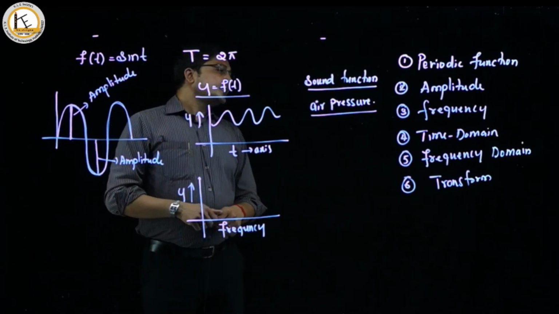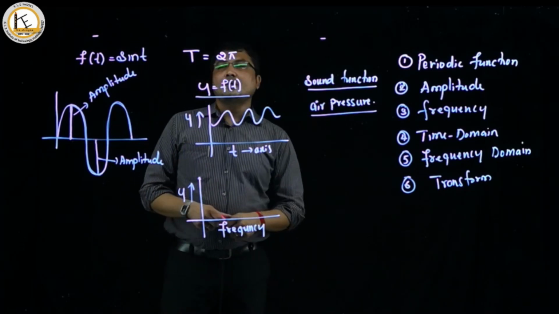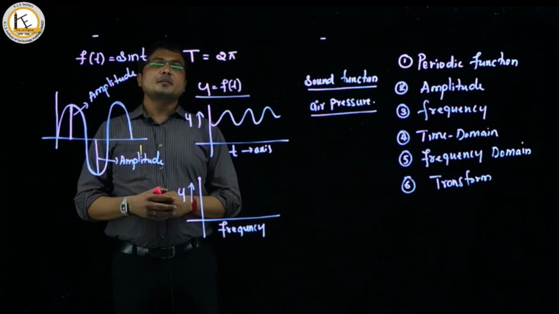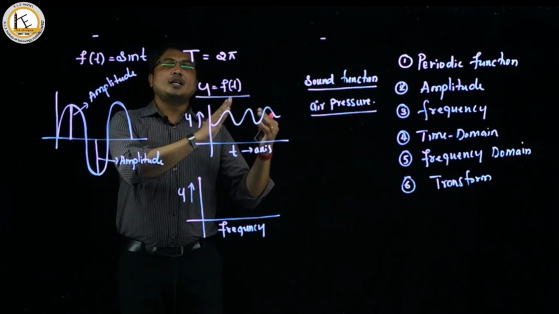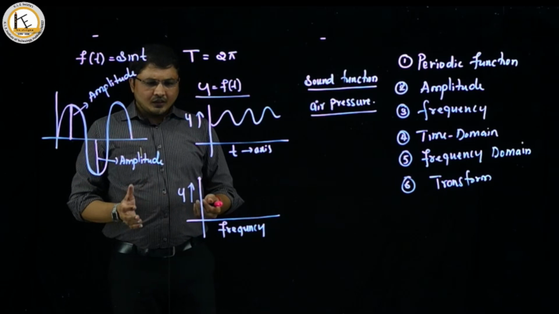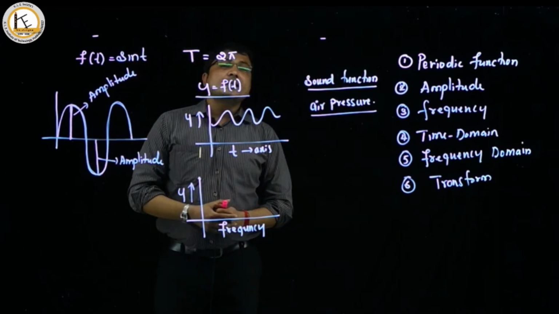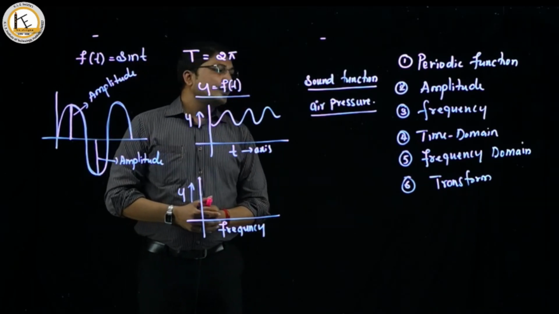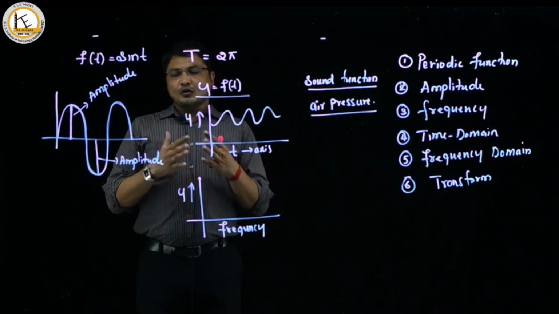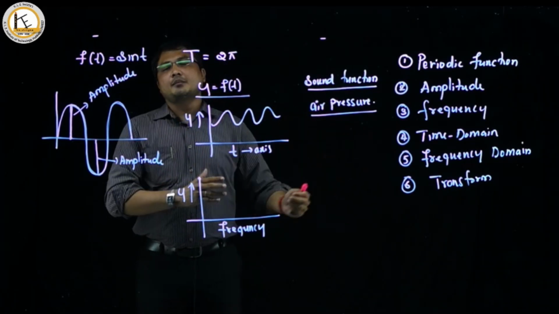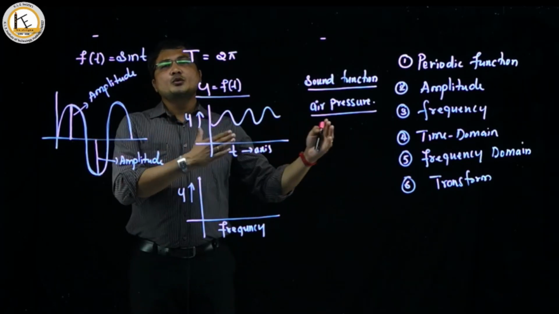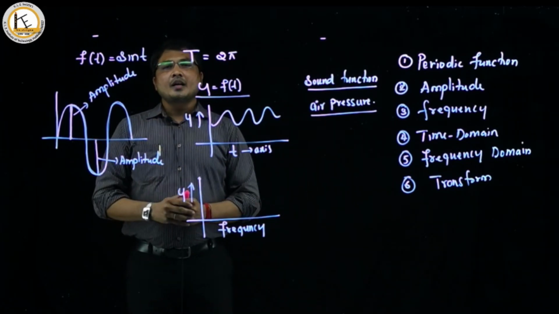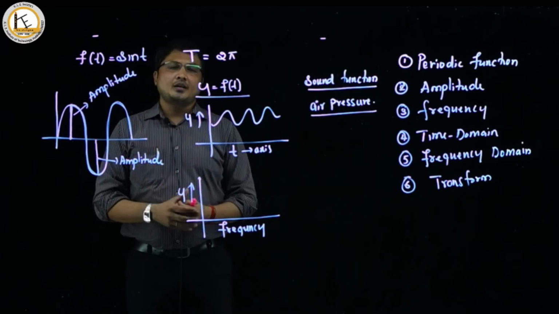And the next one is transform. Obviously we know that transform means a change, changing from one form to another form. If I take an elementary example, if I want to travel from one place to another place, I can go by walk.